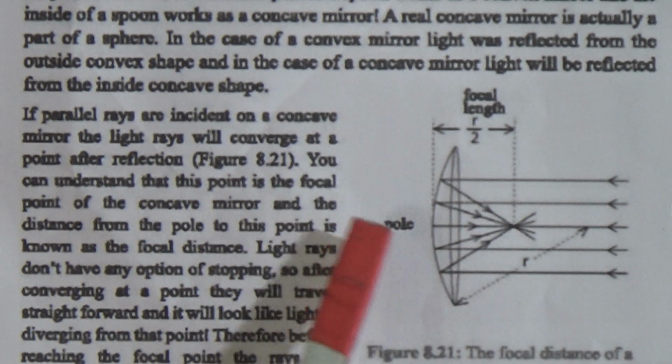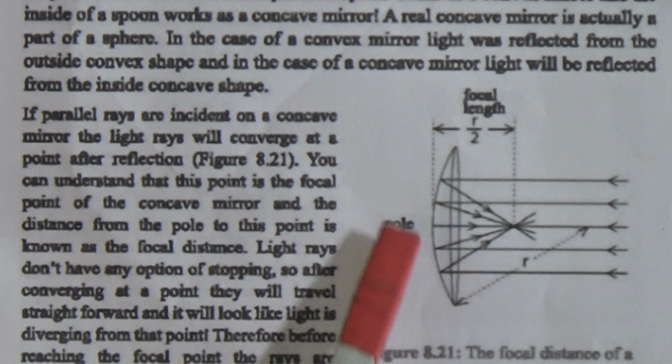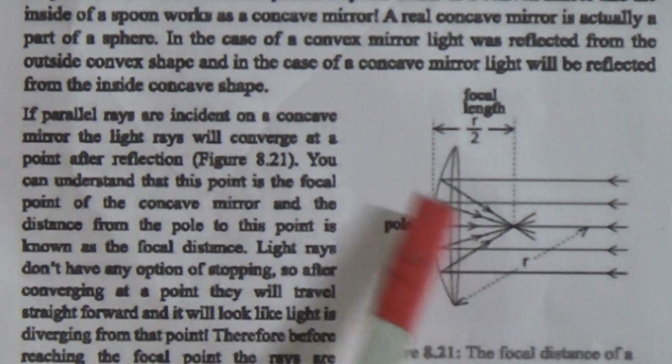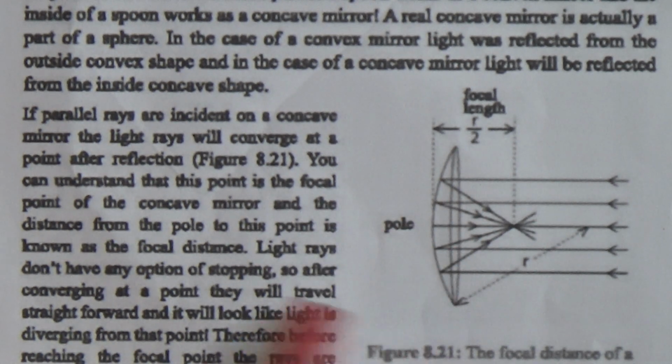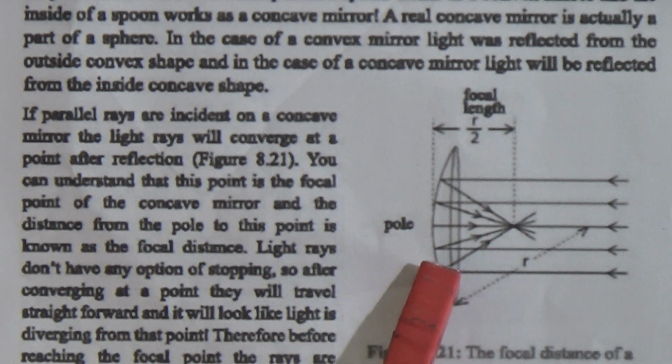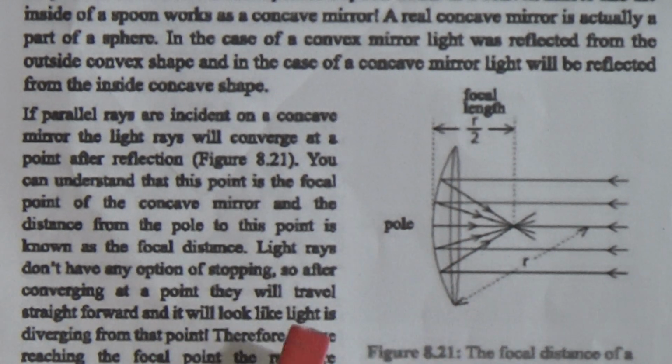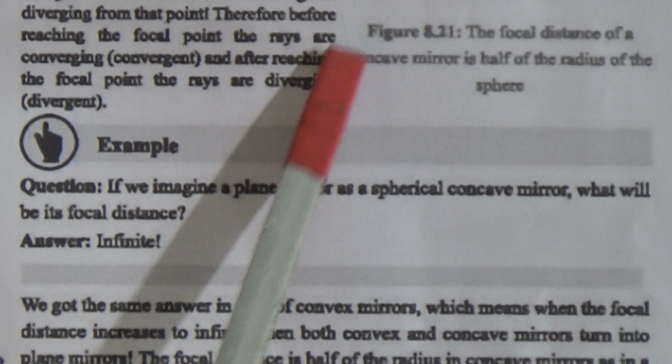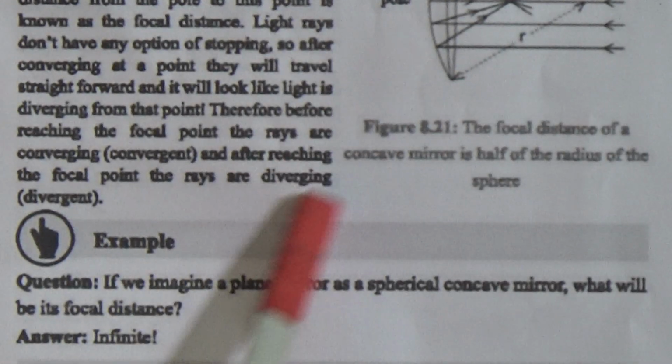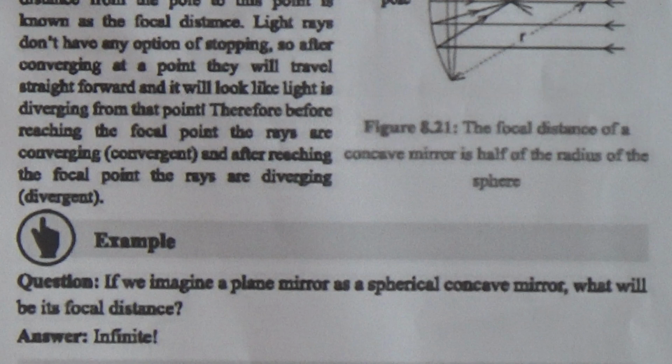Light rays don't have any option of stopping, so after converging at a point, they will travel straight forward. It will look like they are diverging from the point, and therefore before reaching the focal point the rays are converging, and after reaching the focal point the rays are diverging.